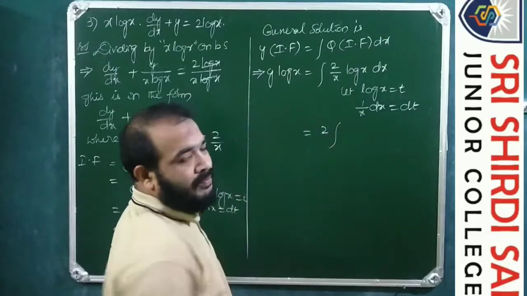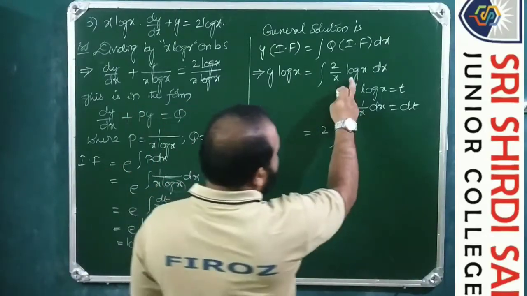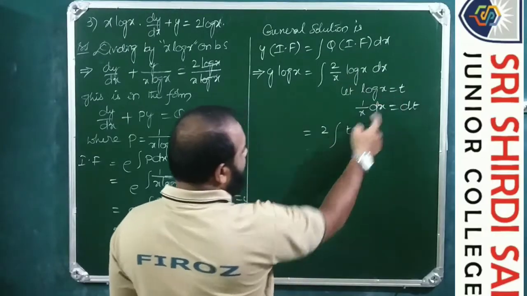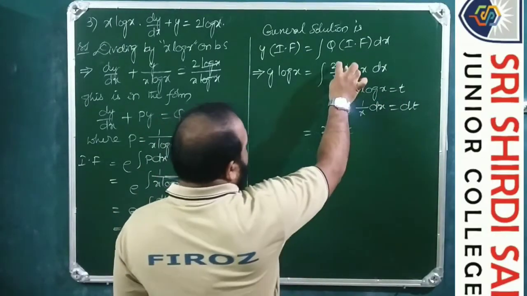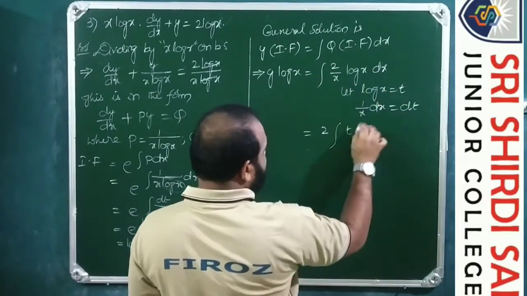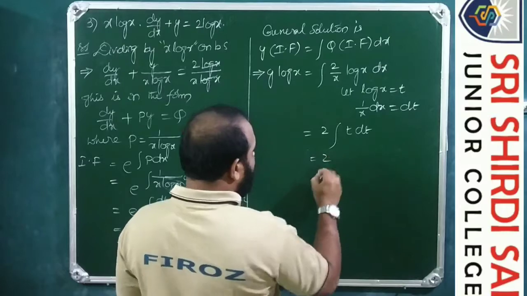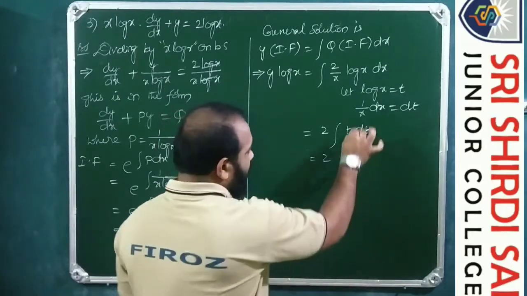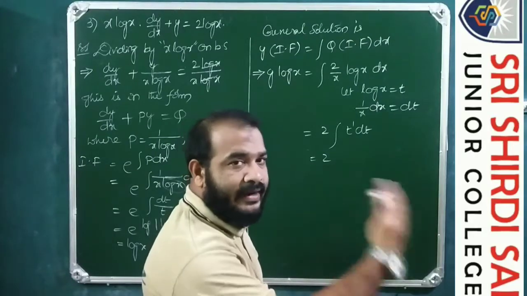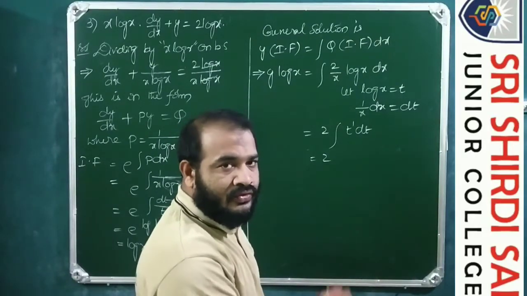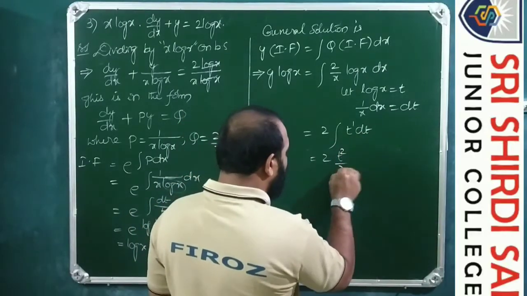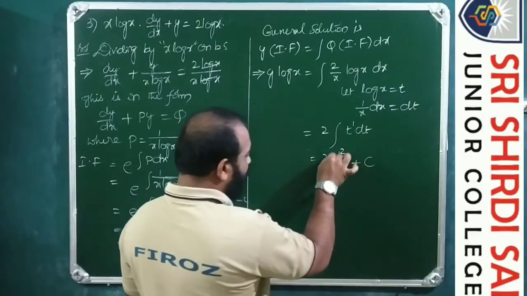So 2 into integral t dt, which is t power 1 plus 1 by 1 plus 1, t square by 2 plus constant of integration c. 2 gets cancelled.